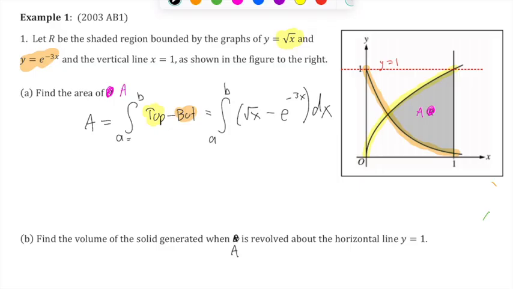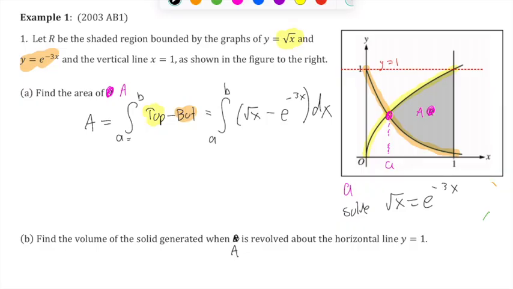You do need to find a and b. So a in this case is down here. And then to find it, you need to solve the square root of x equals e to the negative 3x in your calculator.